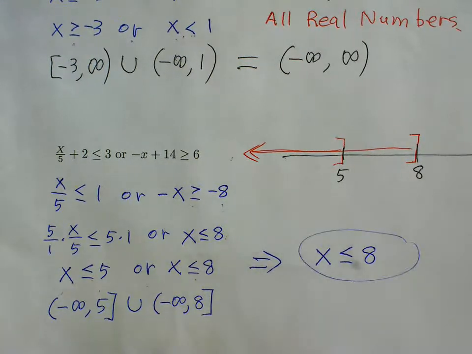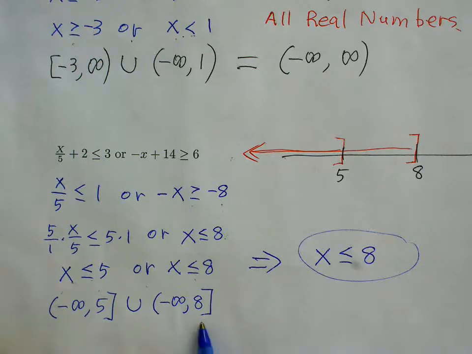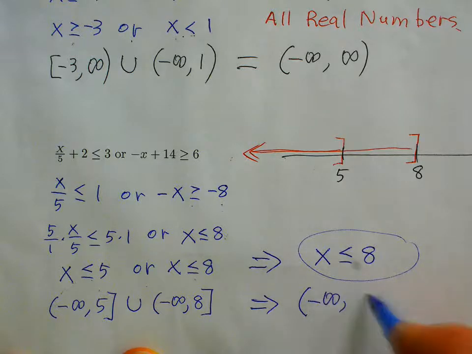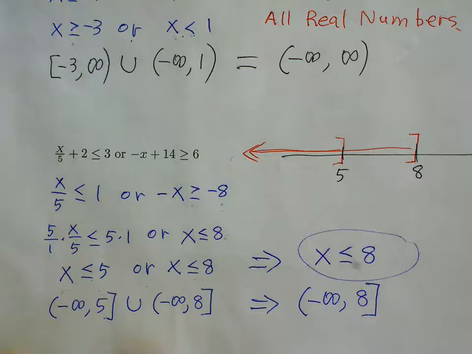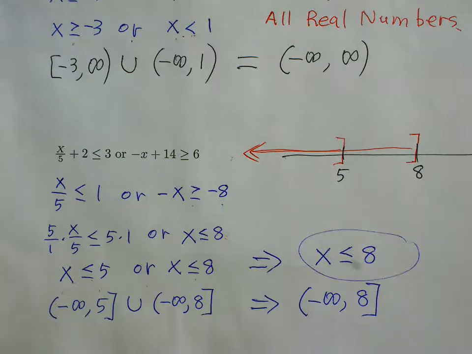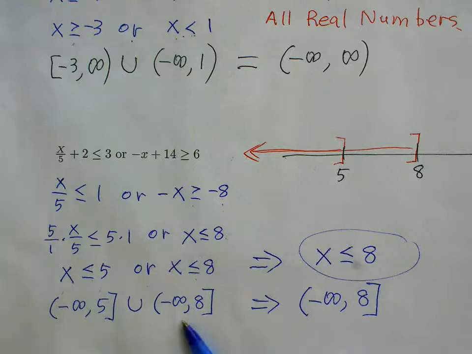So this is the algebraic notation that we want. And the interval notation is from negative infinity to 8 bracket. Okay, so once again, it's not that these are incorrect, it's just that they can and should be simplified further.